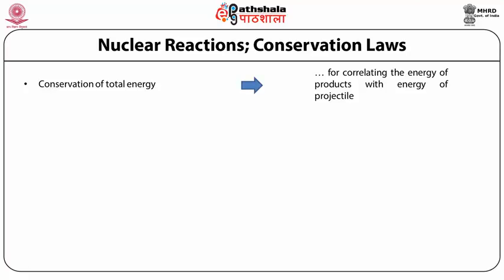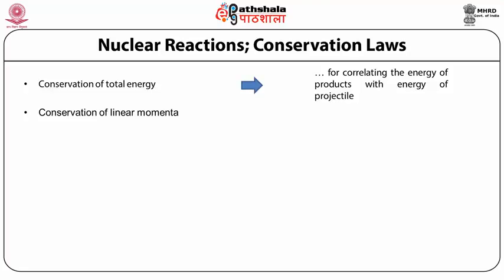First of all, the conservation of total energy and conservation of linear momentum. These two are the fundamental conservation laws that need to be satisfied in order to have a nuclear reaction. These two laws will tell us how much energy we can expect in a nuclear reaction.